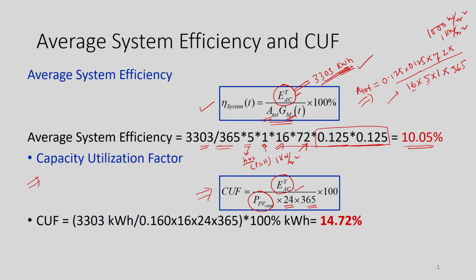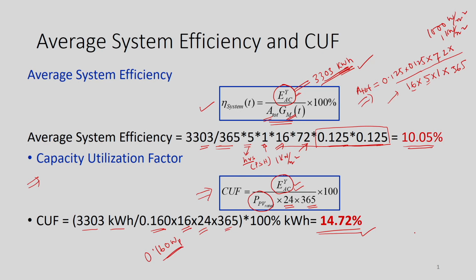So, if we substitute these values like 3303 kilowatt hour, and here 160 is the rated power watt peak. It is in kilo, that is why it is 0.160. And then 16 modules, 24 hours, 365 days. So, it comes around 14.72, which is the value close to the recommended for India.